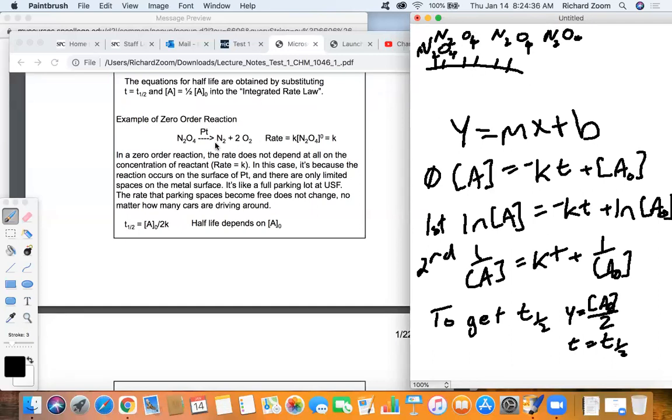So it's not really the amount of N2O4 that's driving the rate. What's driving the rate is the number of slots on the platinum, which influences the rate constant more than N2O4. So the rate is equal to K [N2O4]^0, because the rate doesn't depend on N2O4 at all.